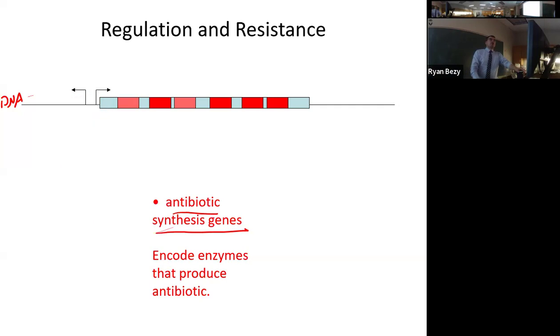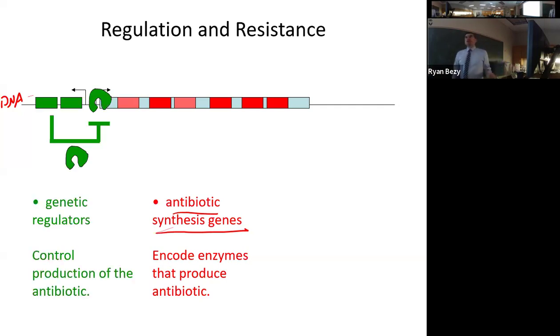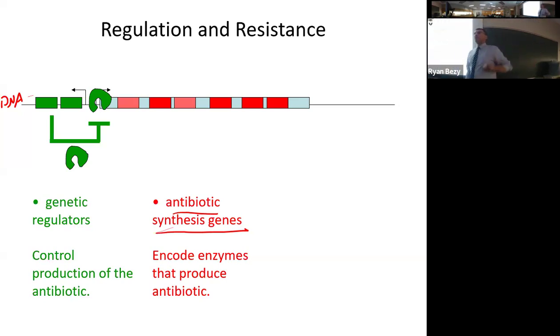There are typically also going to be some genetic regulators. These just control the production of antibiotic. They turn the antibiotic production on and off. Antibiotic production is kind of expensive. It's not always made. It's made when they detect competitors or during starvation responses, typically.